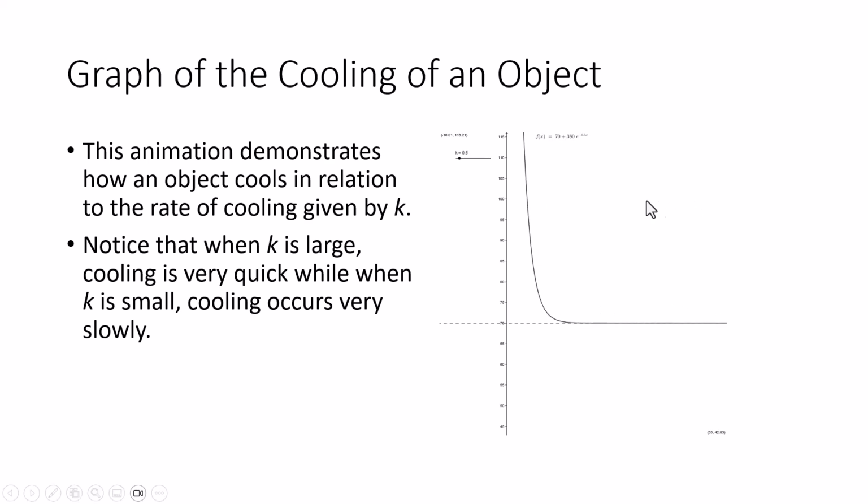So as we increase the value of k, as we see here, the curve drops sharply and the bend occurs as we get closer to that horizontal asymptote. And this is essentially what Newton described with his law of cooling: the larger the cooling rate, the quicker it's going to get to the temperature of the surroundings.